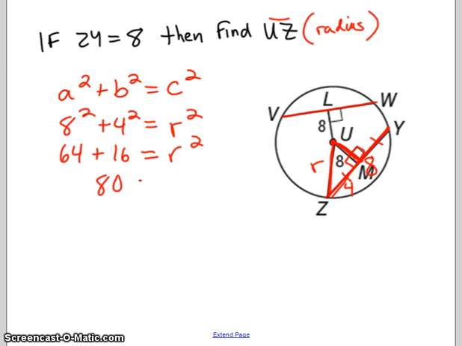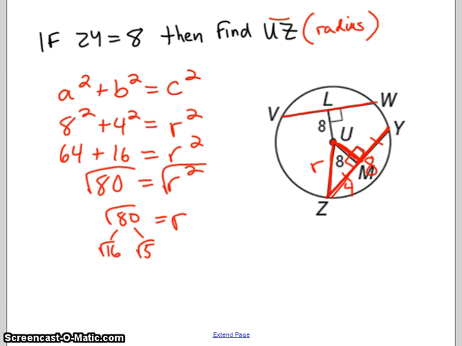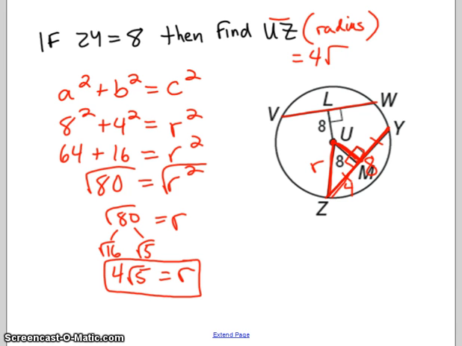We get 80 equals r squared, square root both sides. We get r equals the square root of 80. And we could simplify that. Perfect square that goes into it is 16. 16 times 5 is 80. So we have 4 radical 5. All right, the radius is 4 radical 5, or UZ equals 4 radical 5. So you might see that problem in the future.